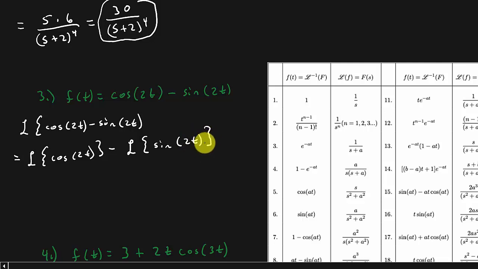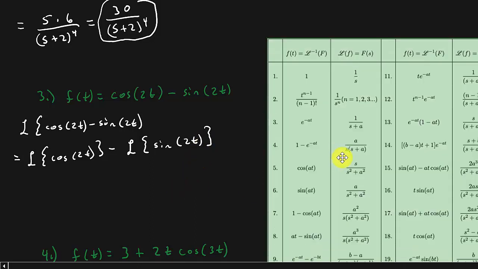If you're adding or subtracting functions together and you're looking for the Laplace transform, you can split the terms up and just find the Laplace transform of each one. Now, let's see, this one's easy here, because if you look, here it is right here. There's cosine and there's sine.